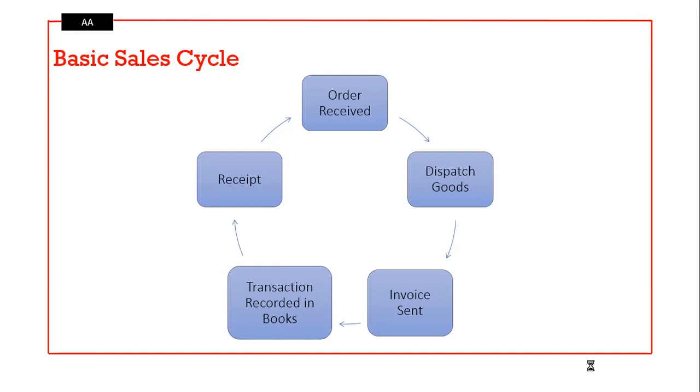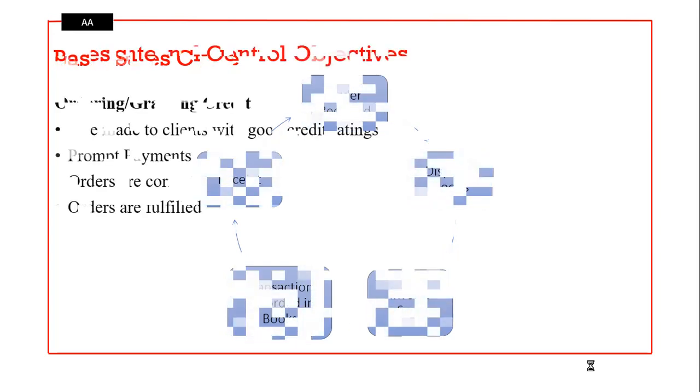So an order will be received by yourselves, and if a customer qualifies, you're going to dispatch the goods, and after the delivery is done, you're going to demand for a payment, that is invoice. Then you're going to account for the transaction in your books of accounts, and then you're going to finally close when you receive your money.